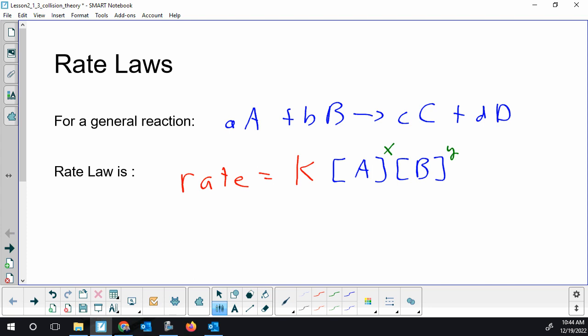So X and Y are experimentally determined. And again, the value of figuring these out is you figured out something about the slow step of the reaction, and then you could postulate what the slow step might look like.